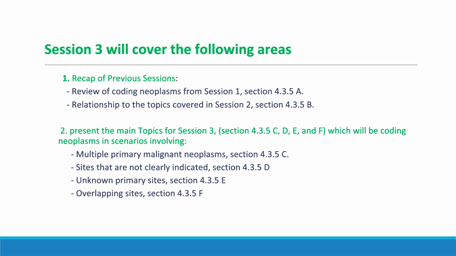We'll delve into multiple primary malignant neoplasms, that is understanding how to accurately code when there are multiple primary cancers; sites that are not clearly indicated, strategies for coding when the site of the neoplasm is ambiguous or not clearly documented; unknown primary sites, approaches to coding when the primary site of the cancer is unknown; and overlapping sites, that is guidance on coding neoplasms that span multiple anatomical sites.